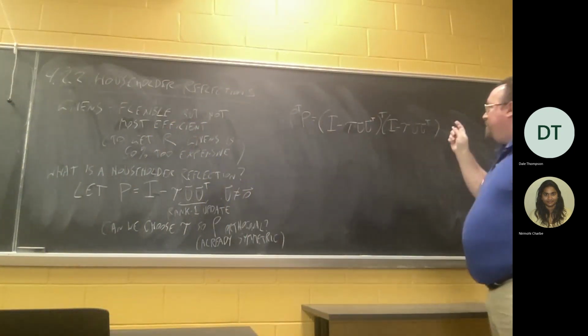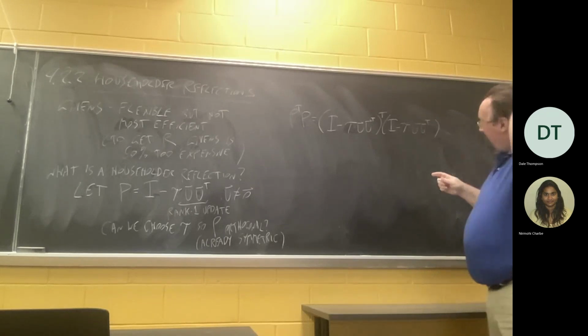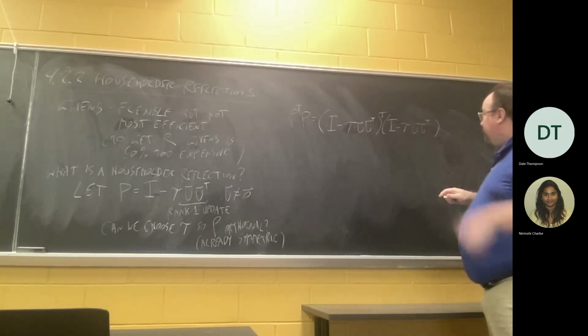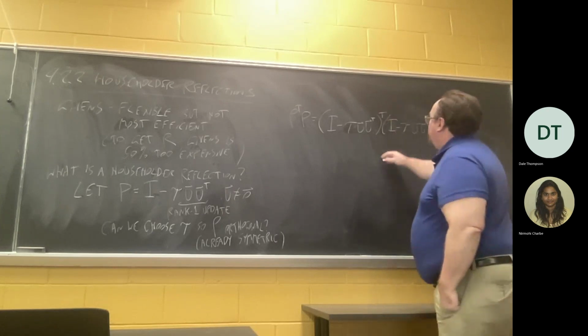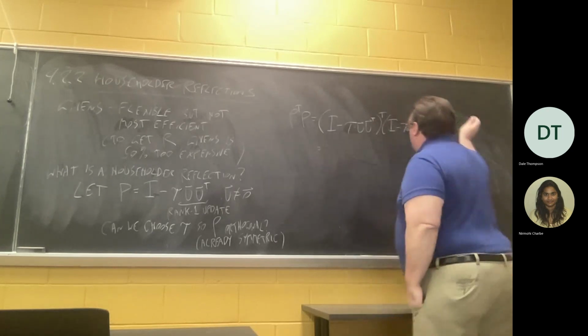But I mentioned already P is symmetric, so we're actually looking at P squared. So I can really ignore this transpose here and then just FOIL it out.